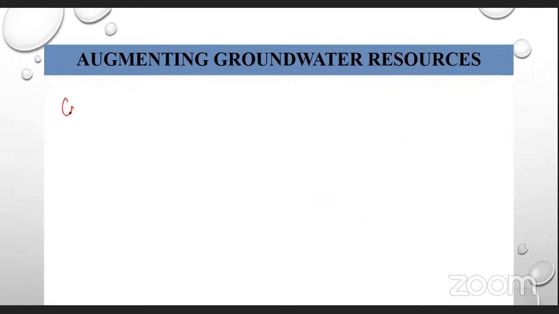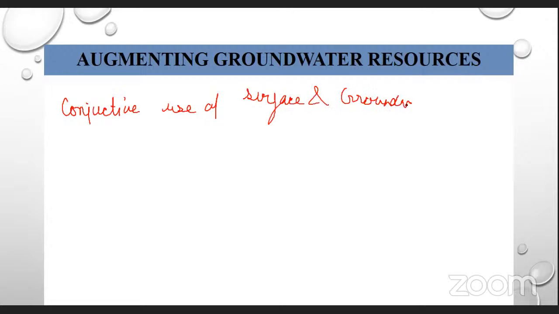Next, there is one term, conjunctive use of surface and groundwater. This conjunctive use management is usually multi-source water management, which can be defined as the management of multiple water resources in a coordinated operation, such that the total water yield of the system over a period of time exceeds the sum of the water yields of the individual components.